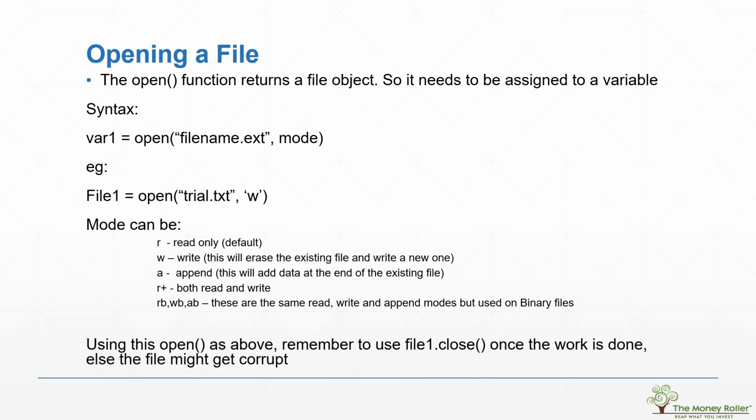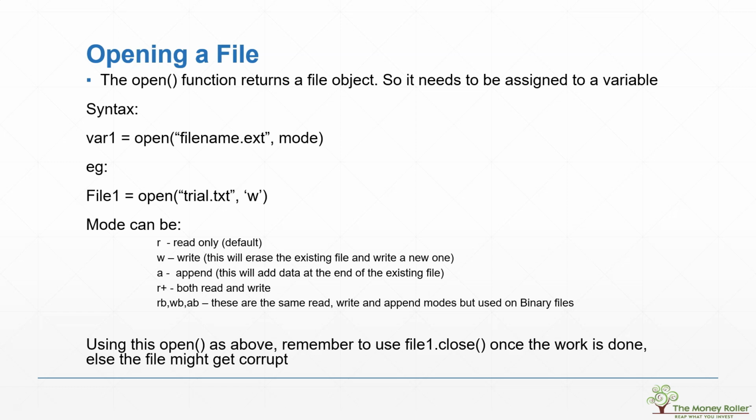But let's say it's on the desktop, so then you will type file1 is equal to open and then quotes, and in the quotes you'll type the whole address, c:/user/janak/desktop/trial.txt. That way the whole address is there along with the name and then dot the extension.